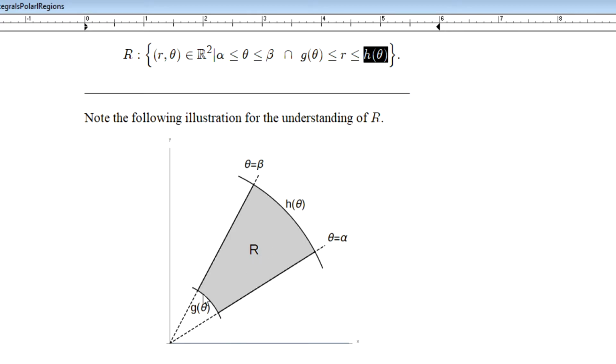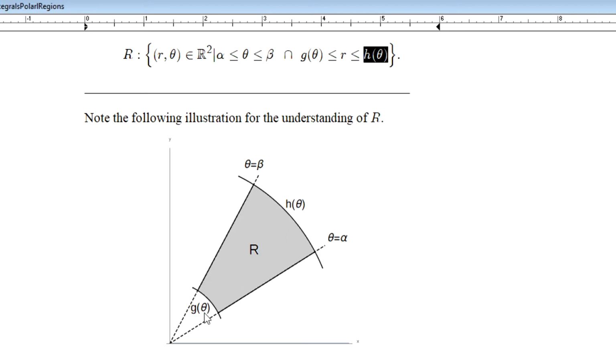The closest we are to the origin will be described by this polar function g of theta, and the furthest any point will be in region R will be described by this polar function h of theta. g of theta and h of theta describe the bounds on these coordinates, where we're looking at all the points whose distance from the origin is somewhere between g of theta and h of theta.